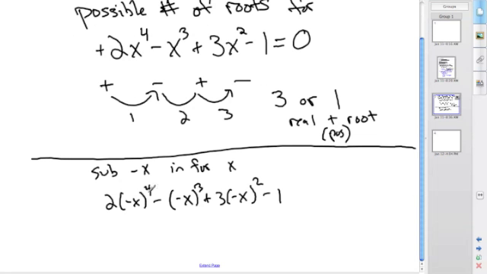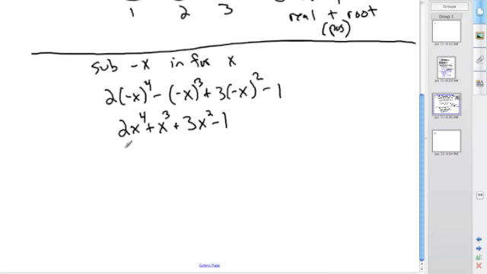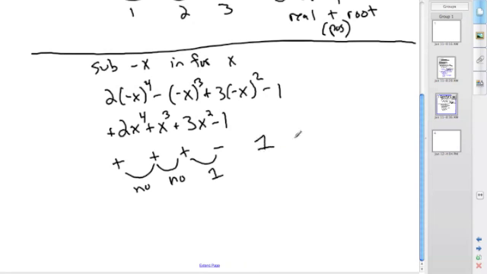So a negative raised to an even power stays positive, a negative raised to an odd power turns to a positive here, and that one stays positive. And we want to see how many sign changes. So we have a plus here, plus, plus, negative. No sign change, no sign change, 1. So we have 1 real negative root.